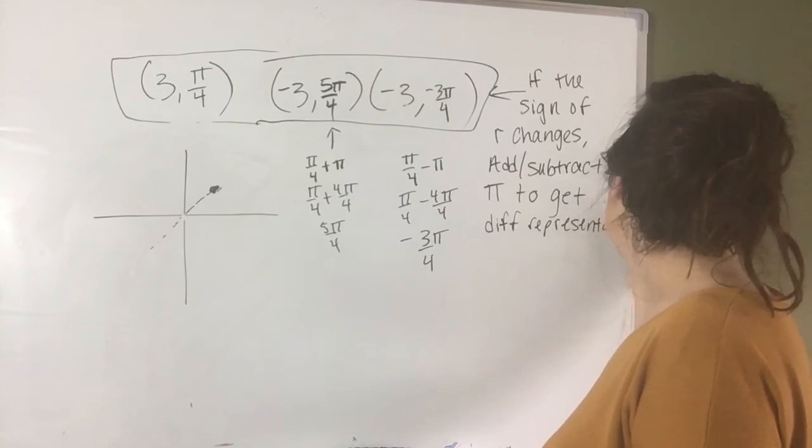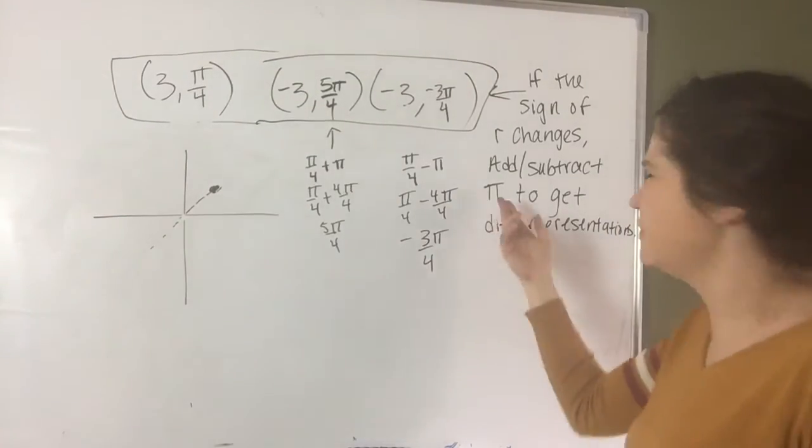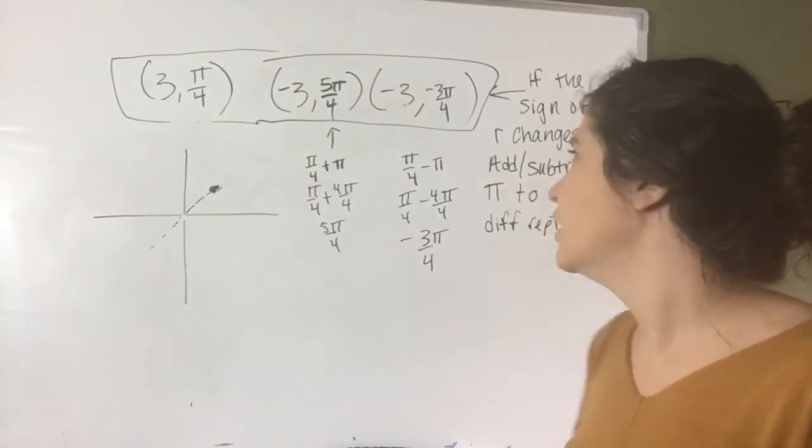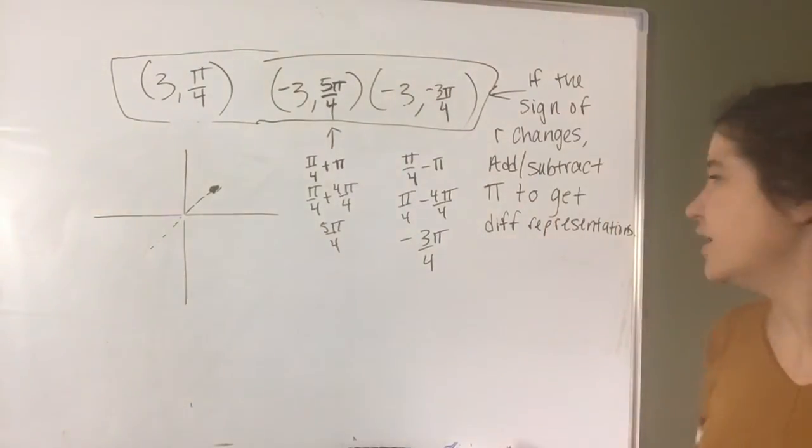You have to be careful here. So you can't keep adding pi or keep subtracting pi, because what would happen if you added pi twice? Wouldn't that really be adding 2 pi? So that wouldn't work, right?